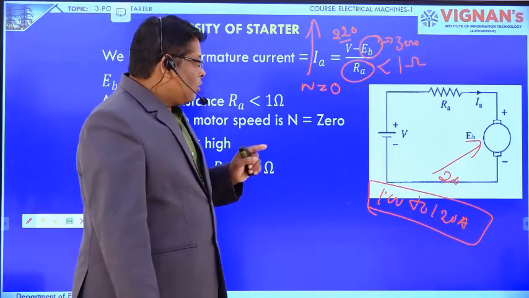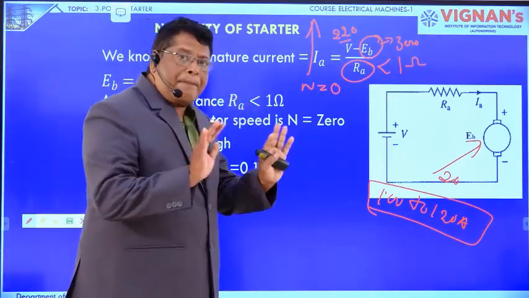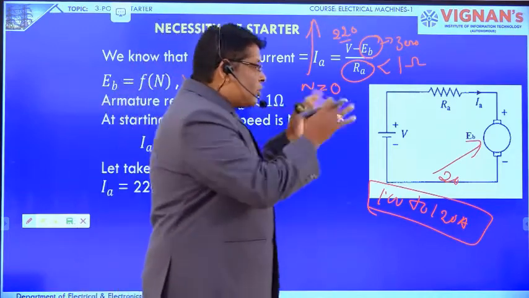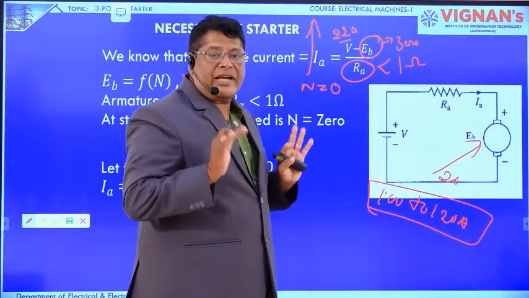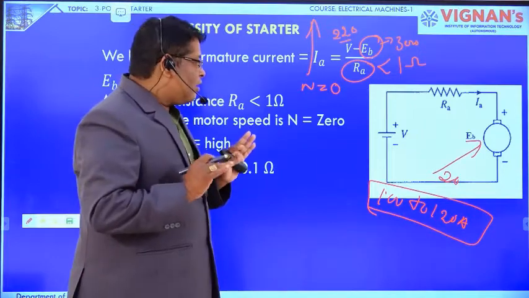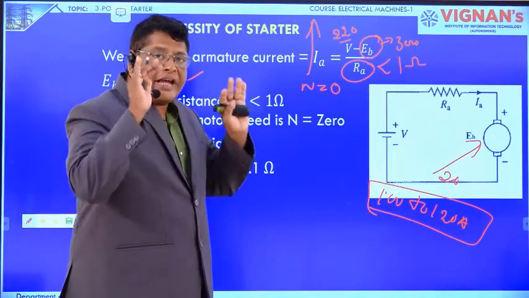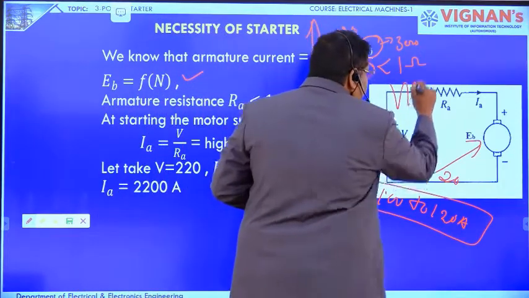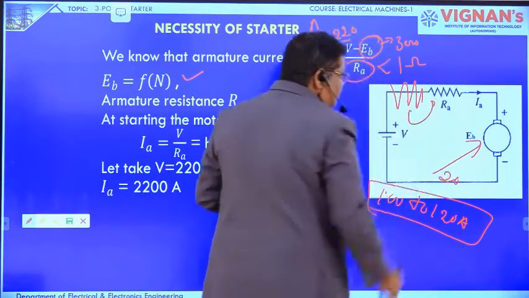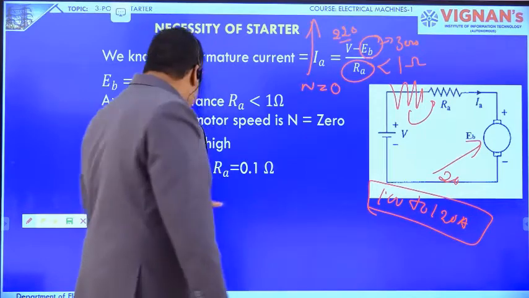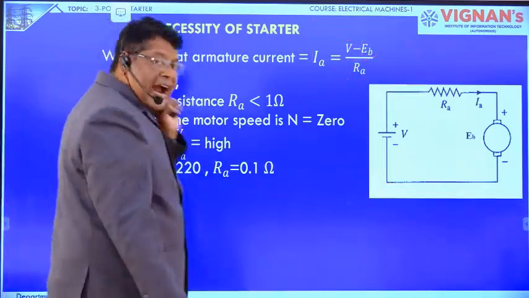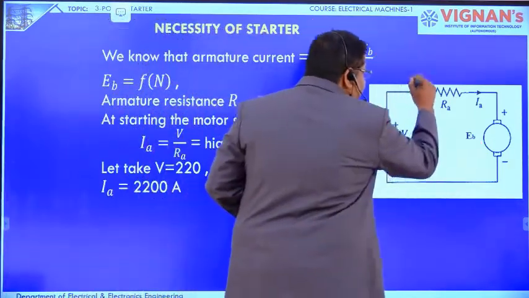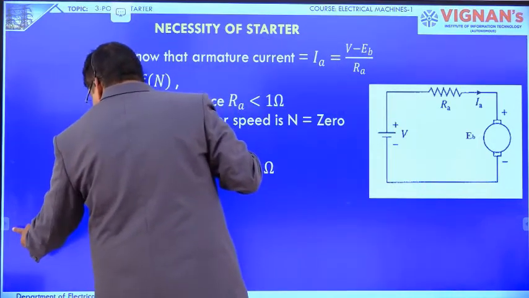So we should not apply the voltage directly to the motor at the time of starting. That is why, at the time of starting, we add an external resistance in series with the armature resistance.